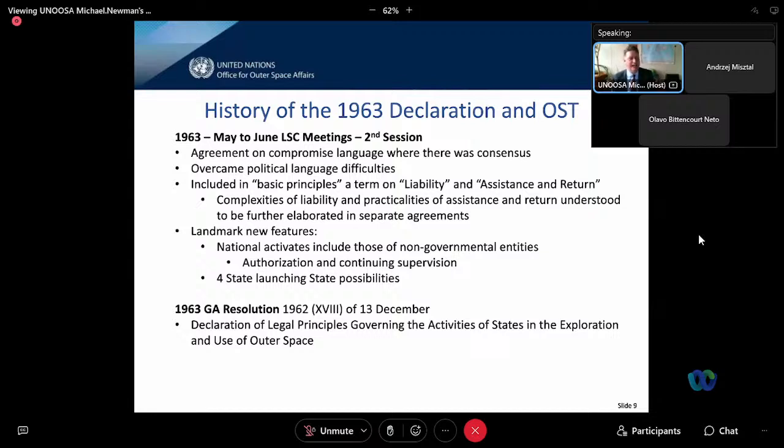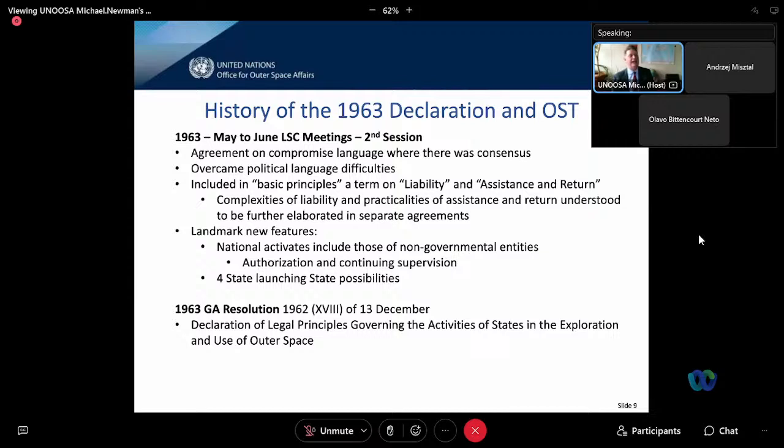The 1963 Declaration of Legal Principles had landmark features. Instead of activities being conducted only by states, as the Soviet Union had proposed, national activities would include those of non-governmental entities, and there would be authorization and continuing supervision by the appropriate state over those activities.